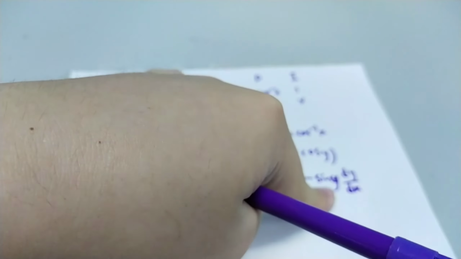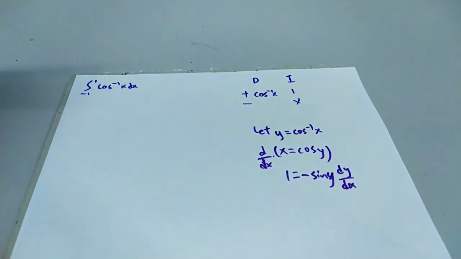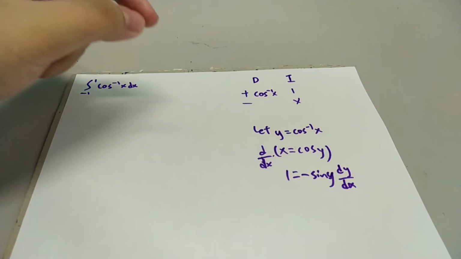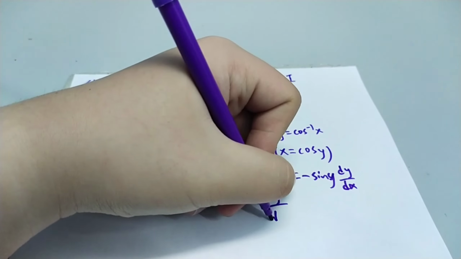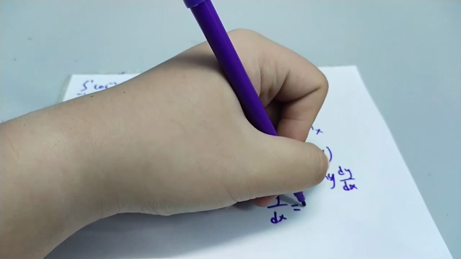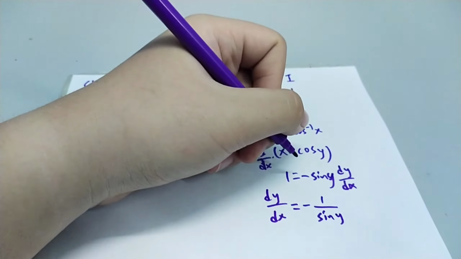And then we take the sine of y down here in order to get dy over dx. So dy over dx is going to equal negative 1 over sine of y.